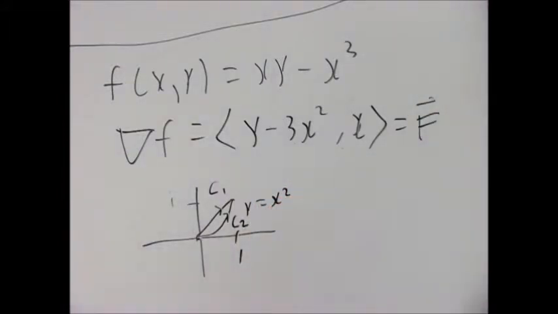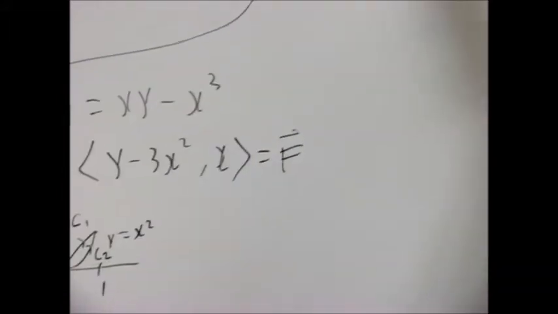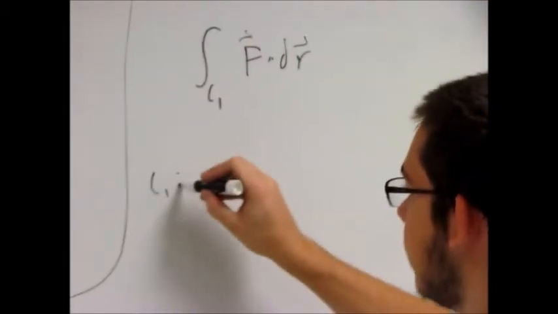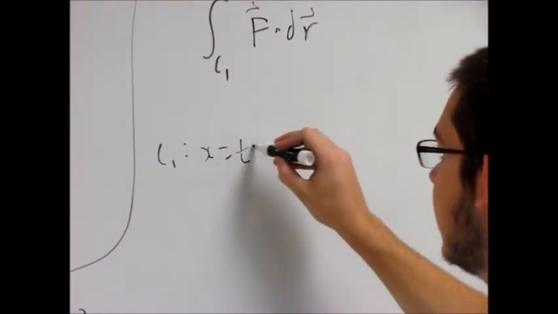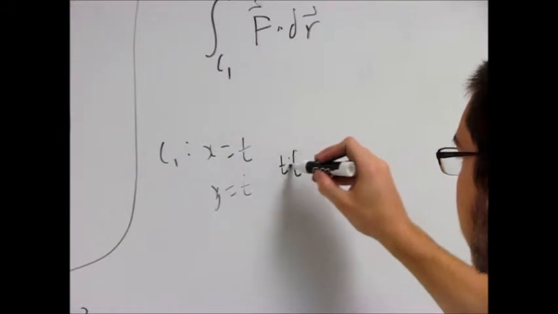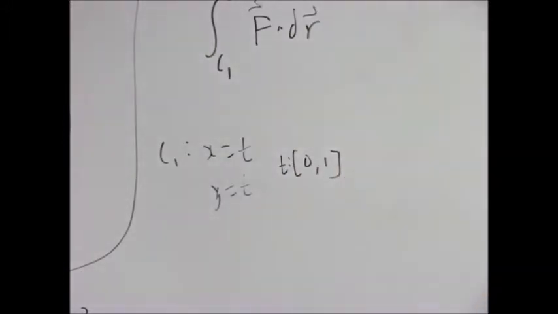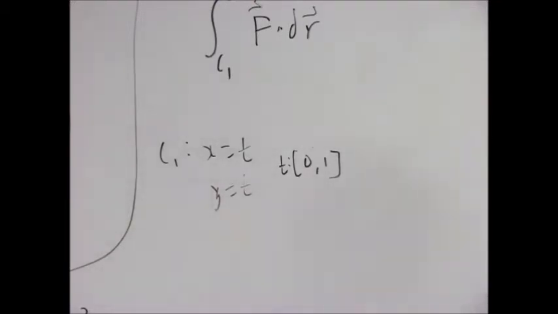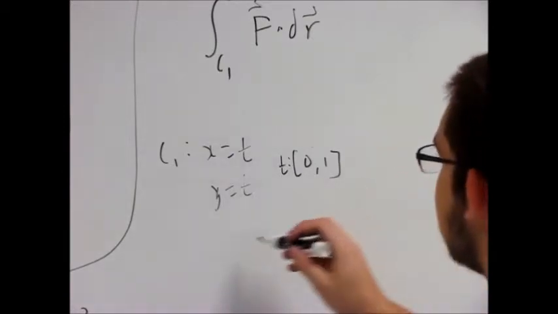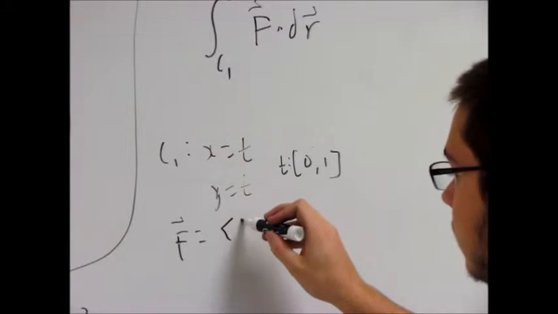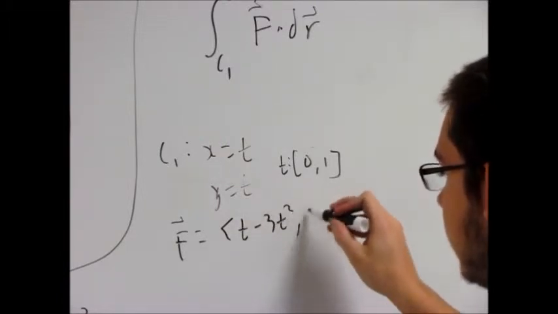So the integral over C1 of f dot dr, well, C1 is going to be x equals t, y equals t, is the simplest way of doing it, where t goes from 0 to 1. And this is f, so if x and y are both t, f is going to be t minus 3t squared, comma t.